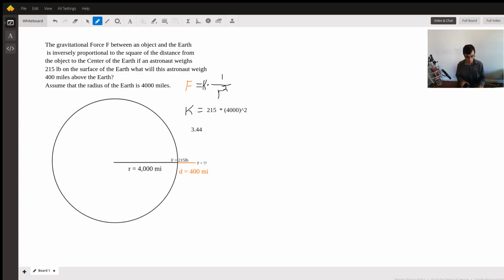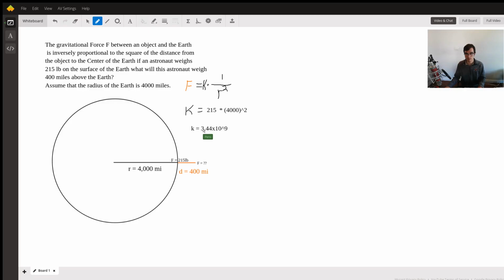It's 3.44 times 10 to the power of 9. So we have this proportionality constant k. This is equal to k.